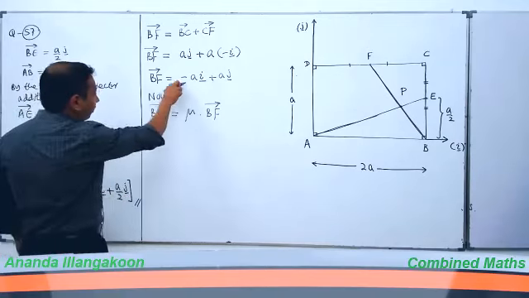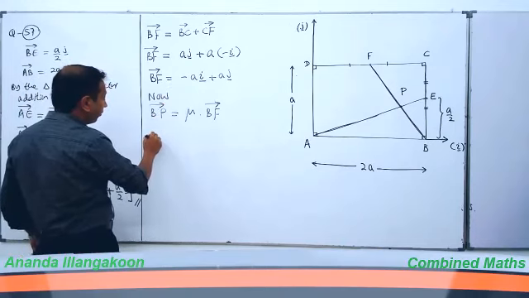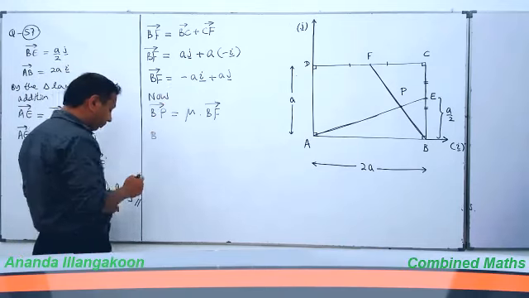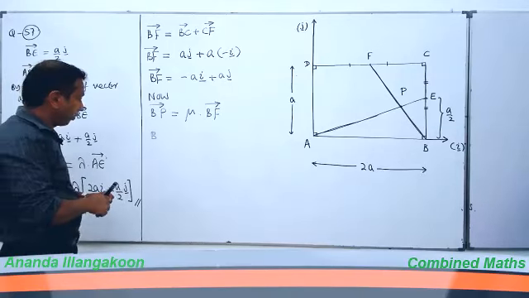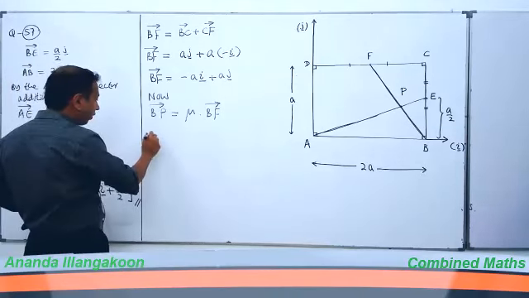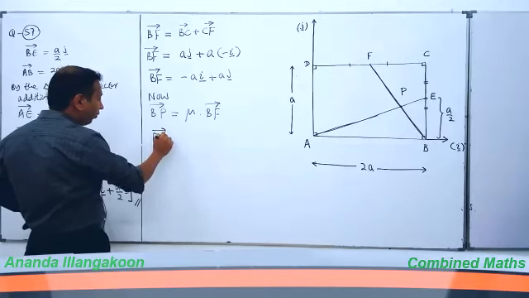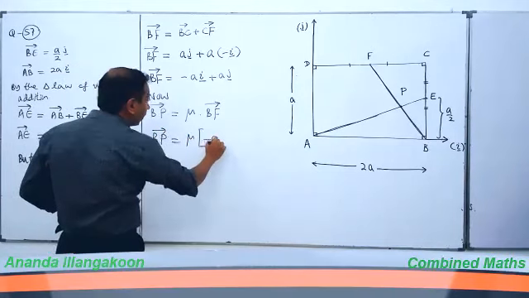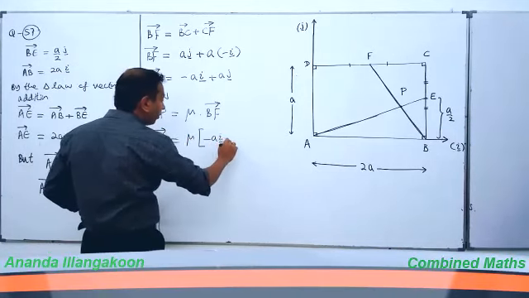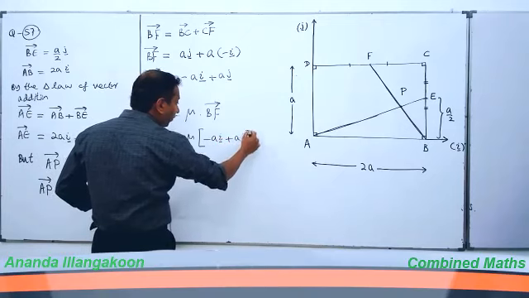But BF vector here we have found. We can write BP vector is equal to mu times BF vector, minus ai plus aj.